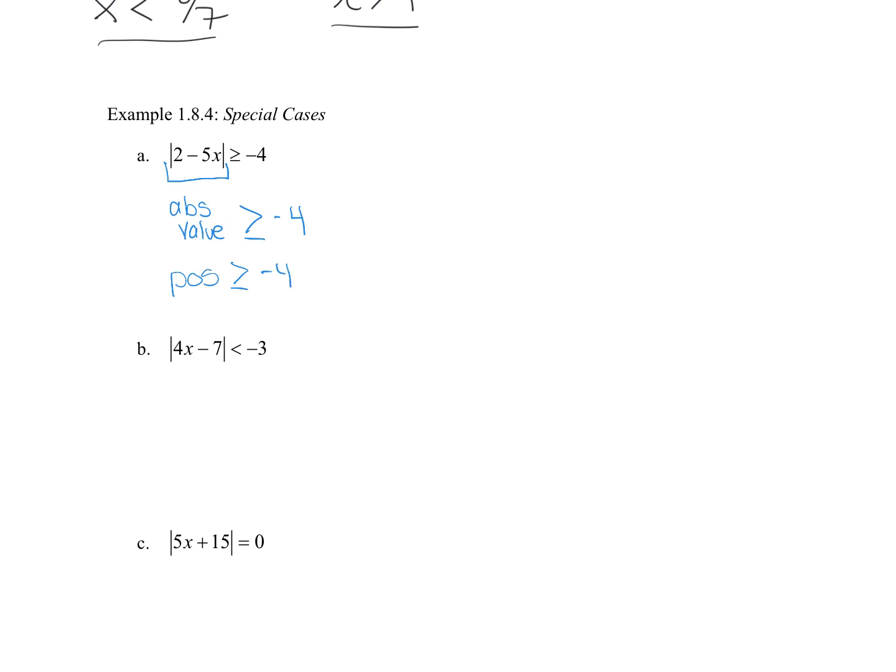And for this, the answer is all real numbers, which we write as negative infinity to infinity, because a positive is always bigger or equal to the negative 4. A positive is always bigger than a negative. So the answer for letter A, all real numbers.